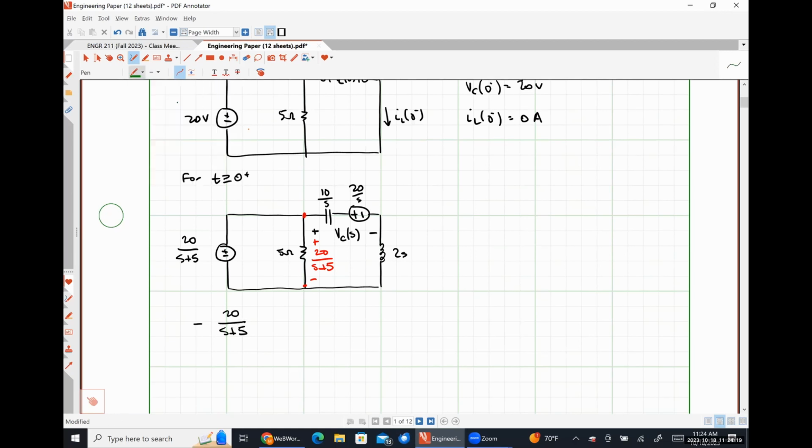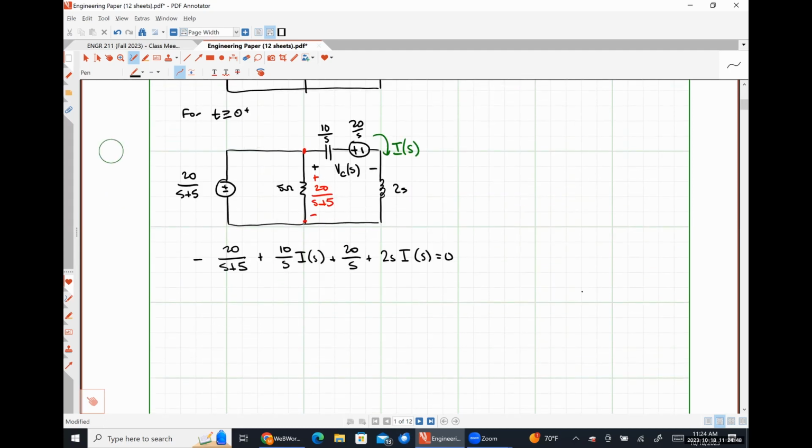I'm going to call this current I of S, plus 10 over S times I of S plus 20 over S plus 2S times I of S is equal to 0.